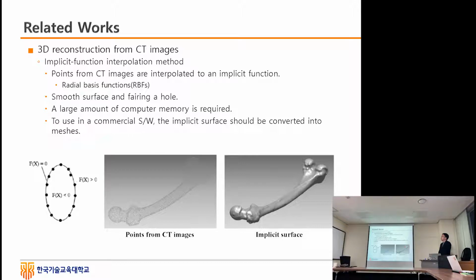So when we want to use the result inside a commercial CAD system, we need to convert the implicit function into polygons. To do that, you can also use the marching cubes method, because implicit function representation is some kind of scalar field.